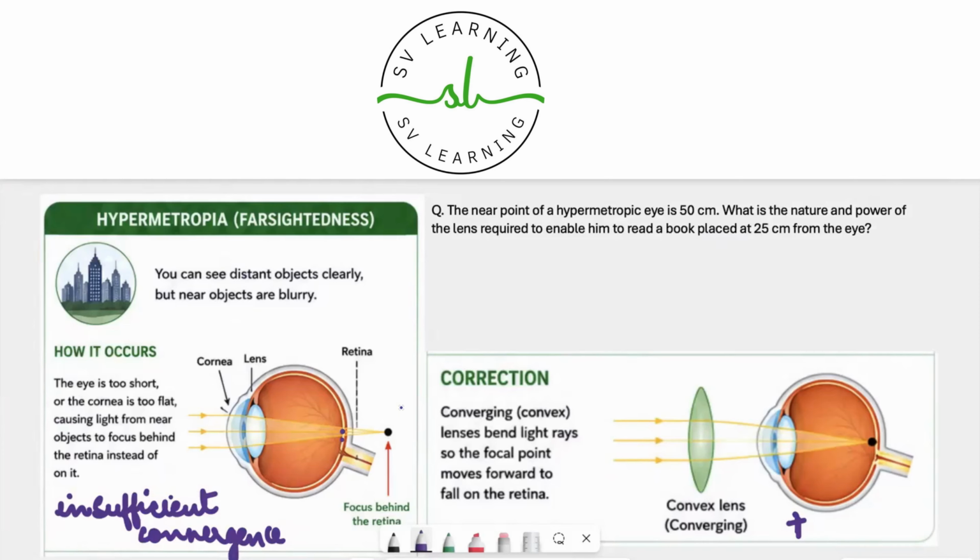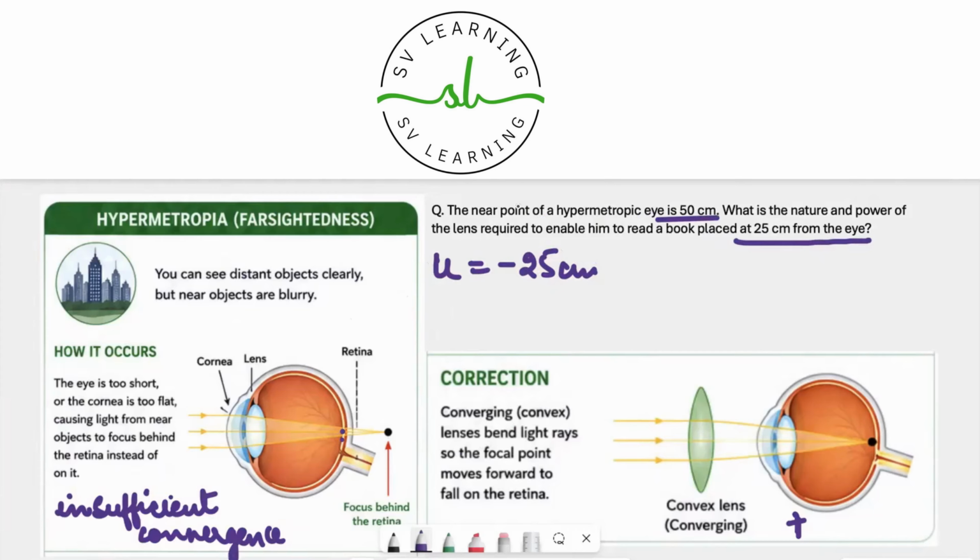Now let us try to solve this numerical. The near point of a hypermetropic person is 50 centimeter. What is the nature and power of the lens required to enable him to read a book placed at 25 centimeter from the eye? Always remember, in this case also, u remains at minus 25, because that is where the object should actually be.